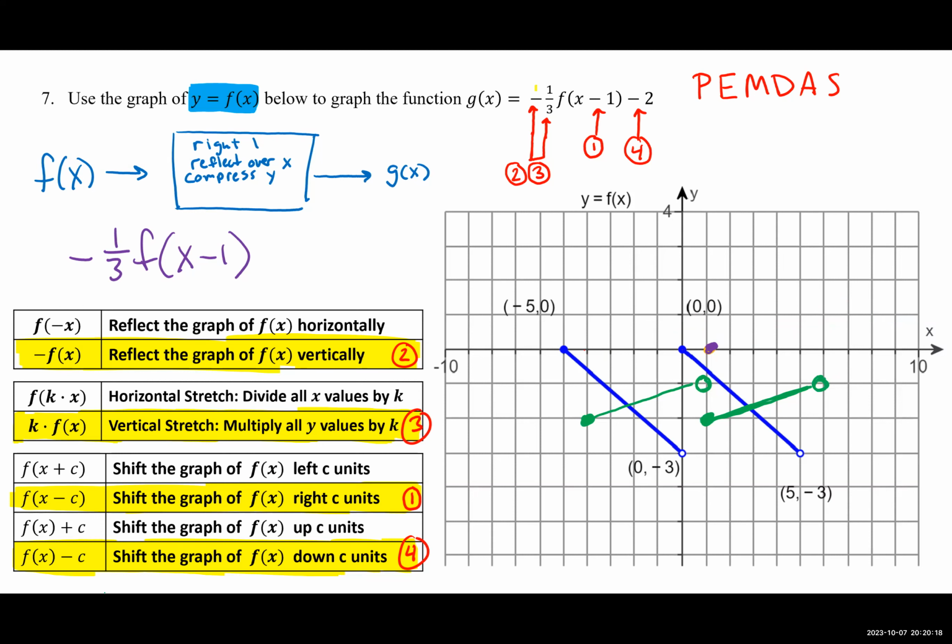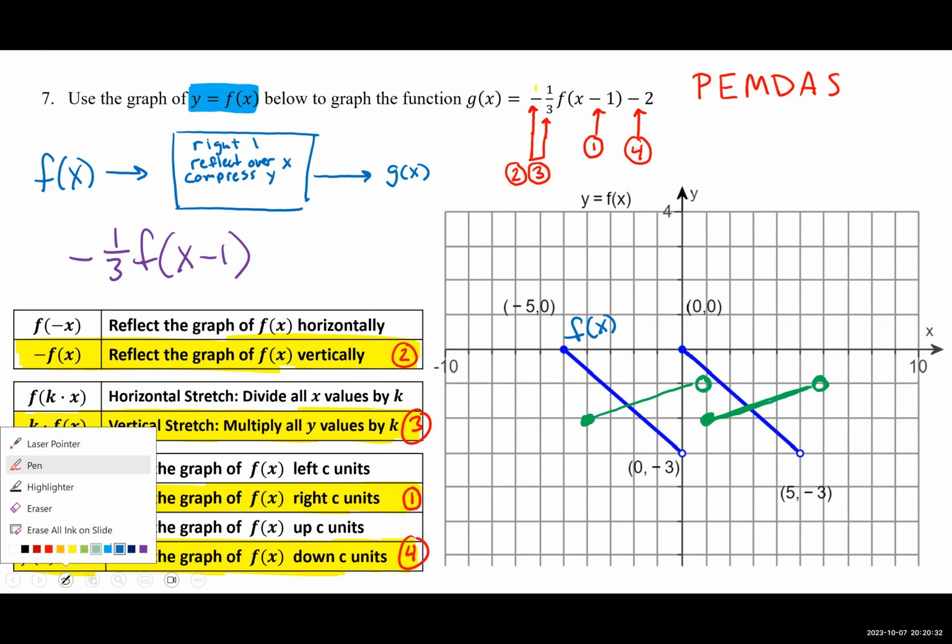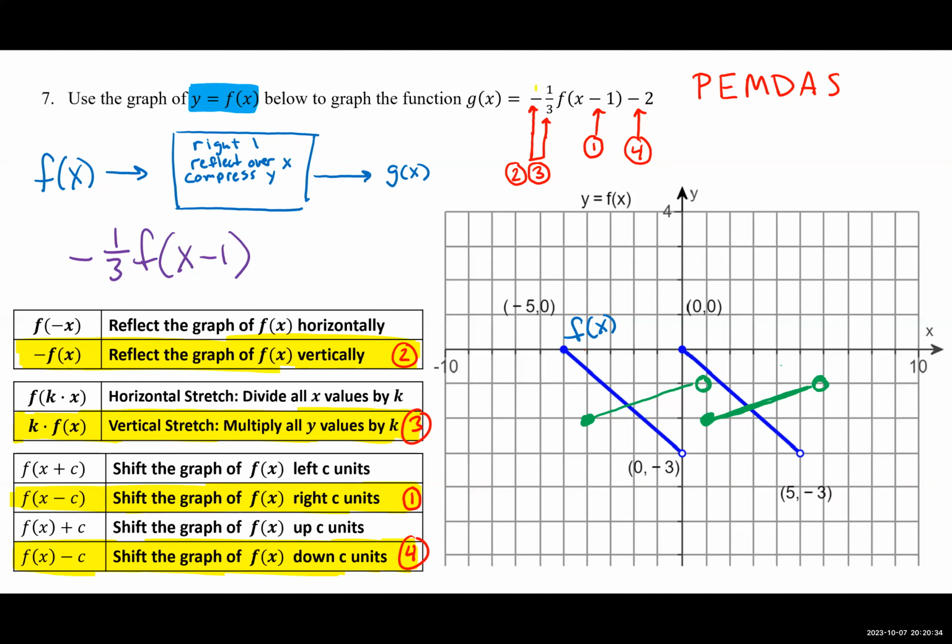So that blue graph, that is the f of x. And that green one, let's label this correctly. That green one is going to be -1/3 f of x -1 -2.